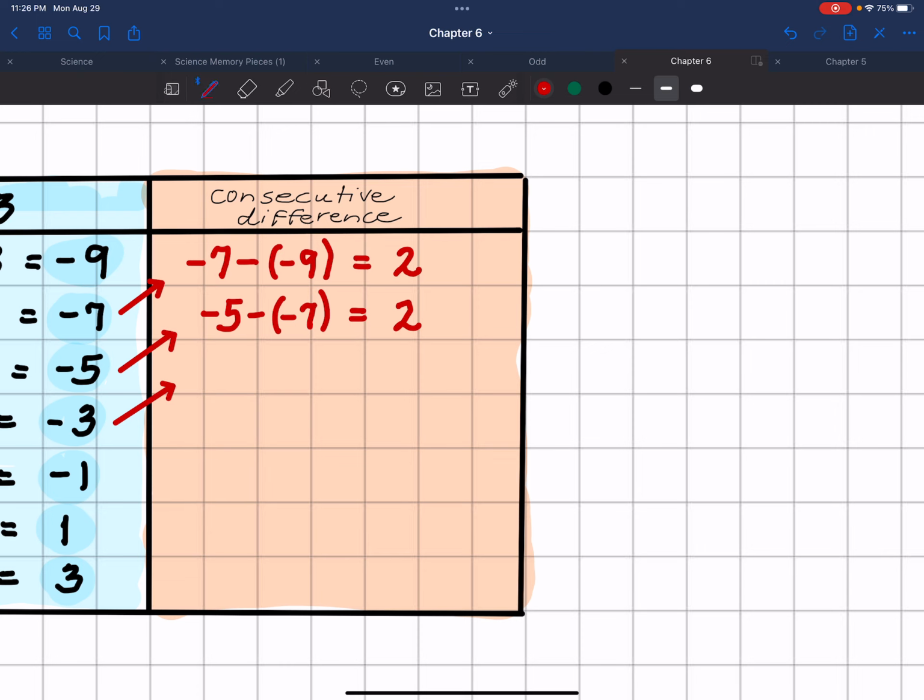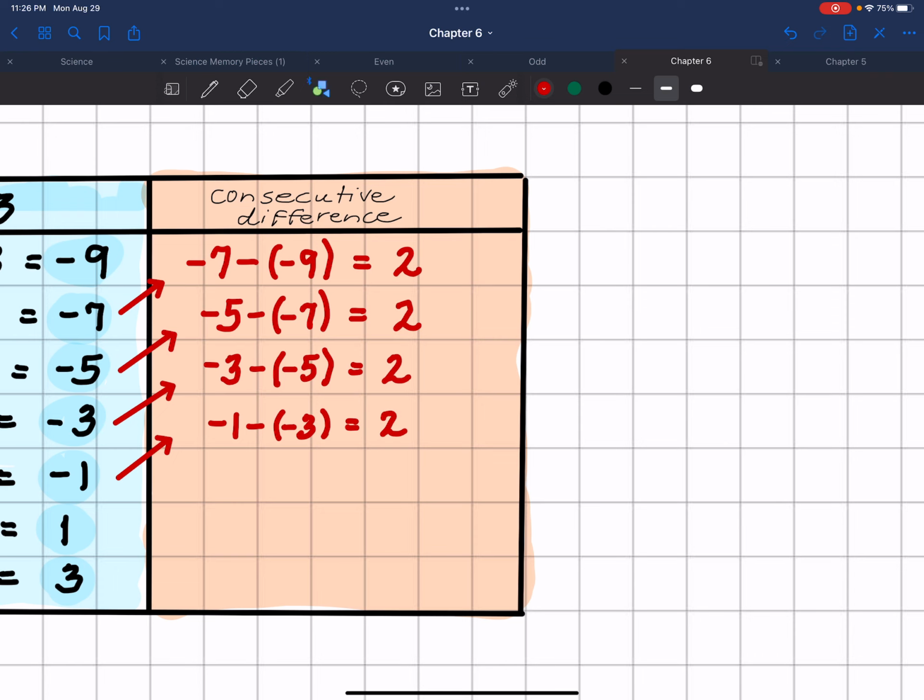Maybe it was just a coincidence. Negative 3 minus negative 5 is 2. Bring the negative 1 up. Negative 1 minus negative 3 is 2.